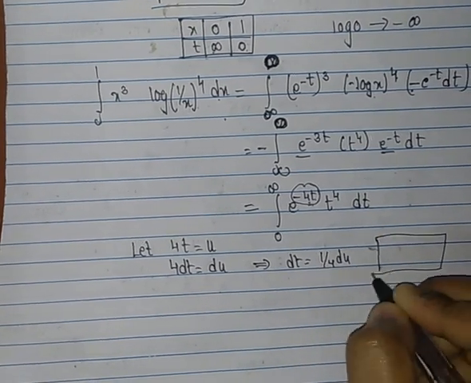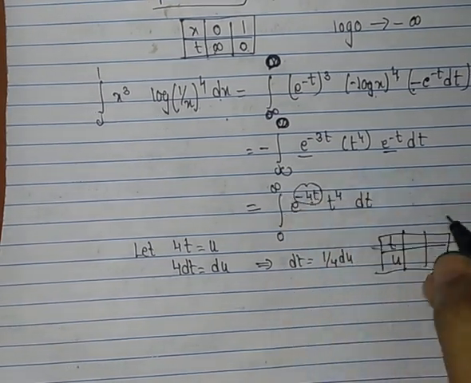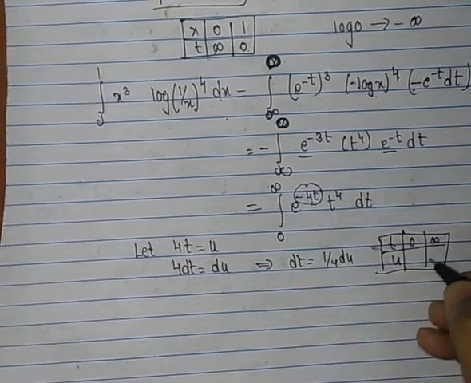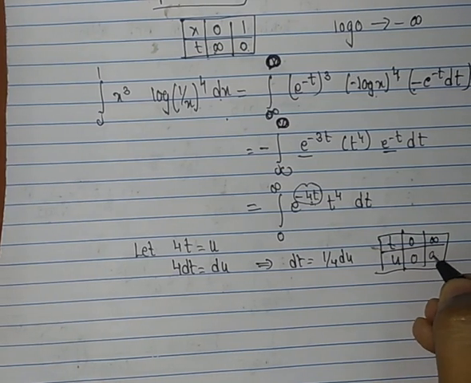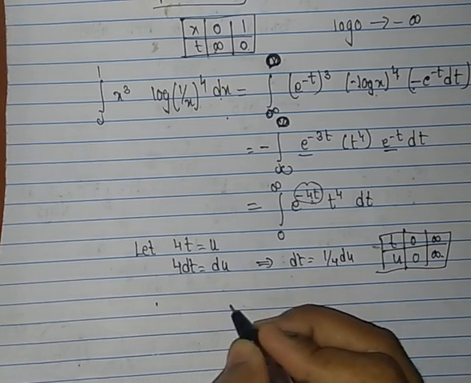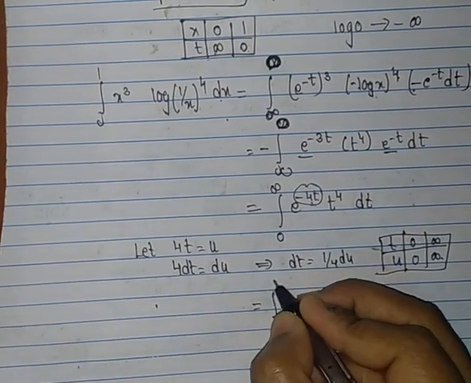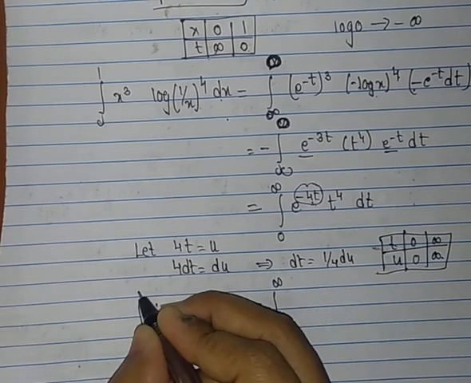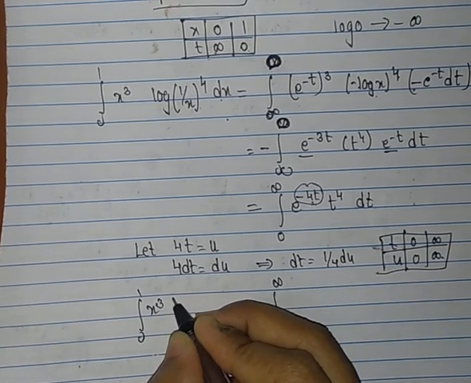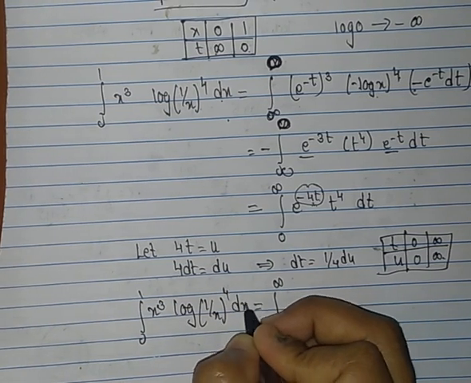The limits: t goes from 0 to infinity, so the limit of u also will be 0 to infinity. The integral gets converted to 0 to infinity, e raised to minus u. Here on the left hand side we have x cube log 1 by x, the whole raised to 4, into dx.